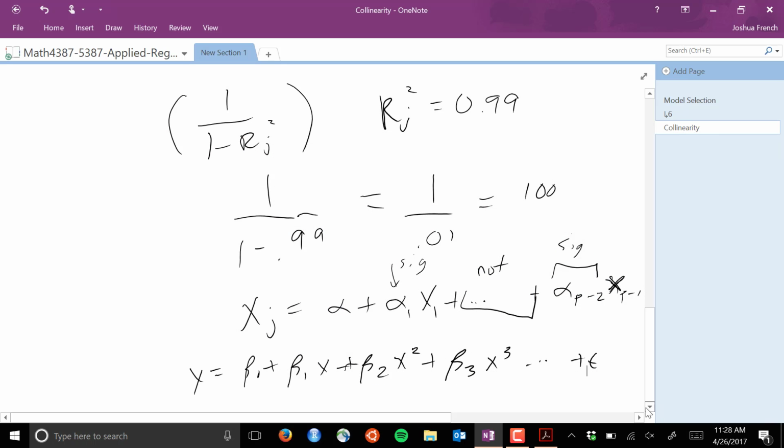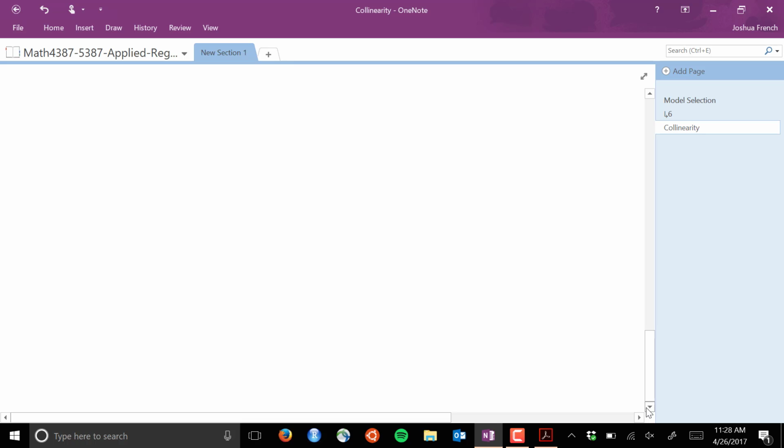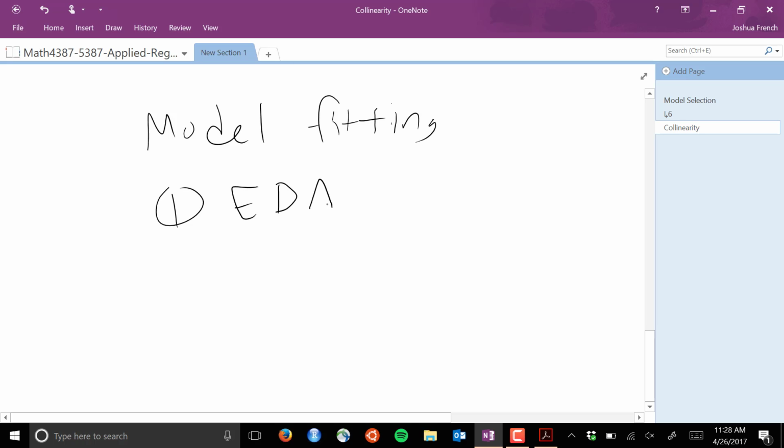And so just to summarize things here as we're wrapping up the semester. When you're going through the model fitting process, what are the steps that you're going to use? So the first thing you should do is exploratory data analysis.